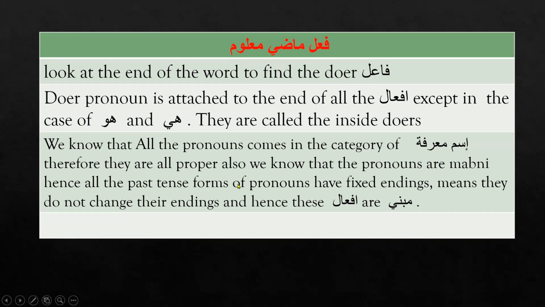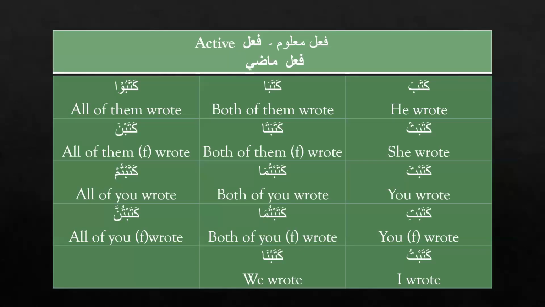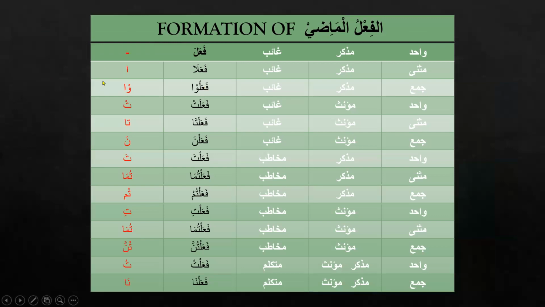Hence, all the past tense forms of pronouns have fixed endings. Because the pronouns are mabni, they have fixed endings, meaning they do not change their endings, and hence they are fi'l mabni. Like these, they are all fixed. They will not change. Alright? That is why they are mabni.